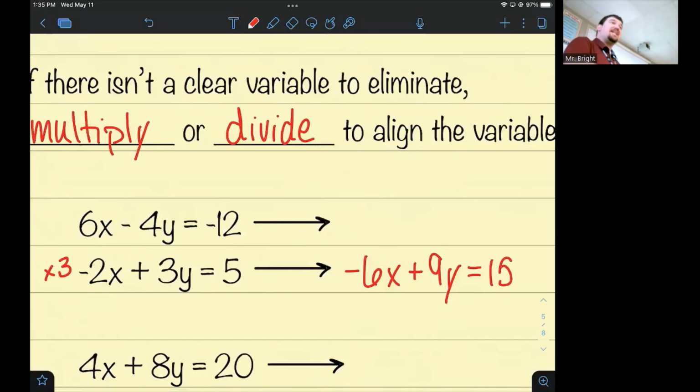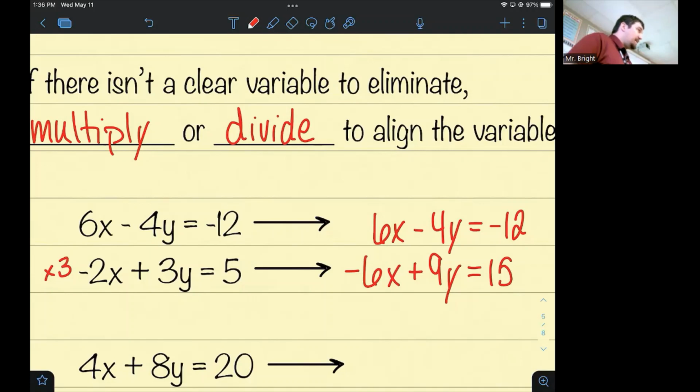I wouldn't have to do anything to the top equation, because what variables would be able to be eliminated now? My x's or my y's? It's not a trick question. The x's. Yeah, I can eliminate the x's. So if there isn't a clear variable to eliminate, you can change one of the equations by timesing, in this case by 3, and then you can eliminate the x's.